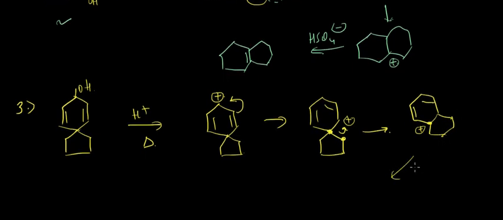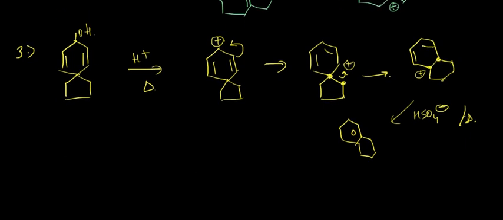Next, what will happen is, when we actually have HSO4 in the presence of heat, benzene formation, this will be the alpha hydrogen, and benzene ring would be formed with this fused cyclohexane ring. Okay, now actually look at the next example, and we will have something like this.